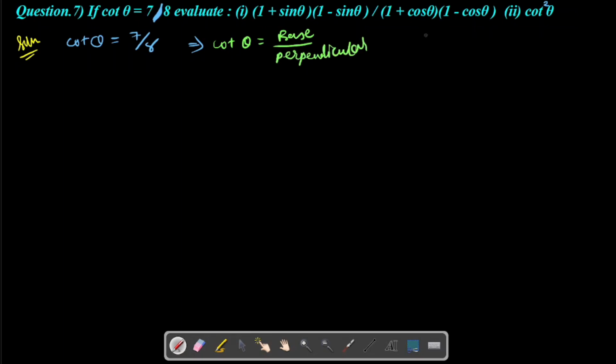So from these two relations we can easily write that base is a multiple of 7, so we can write it as 7k. Now perpendicular is a multiple of 8 because the 8 and perpendicular both are in the denominator, so you can write it as 8k, right?